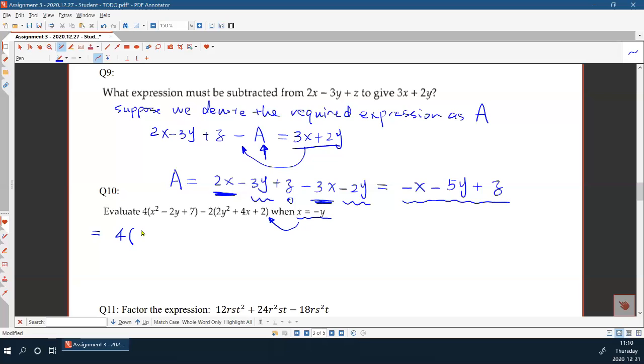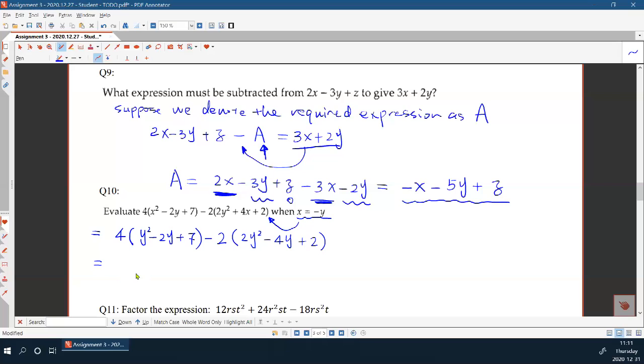The first term becomes y squared, right? Second term is minus y. Third term is 7. Okay, minus 2. First term is 2y squared. Second term is 4 minus 4y, right? Last term is 2.